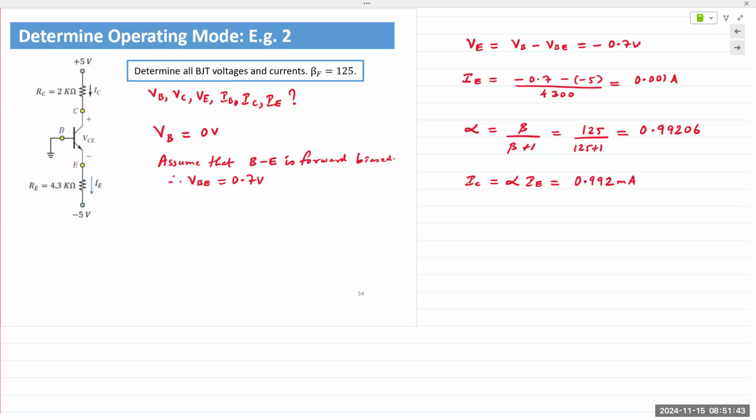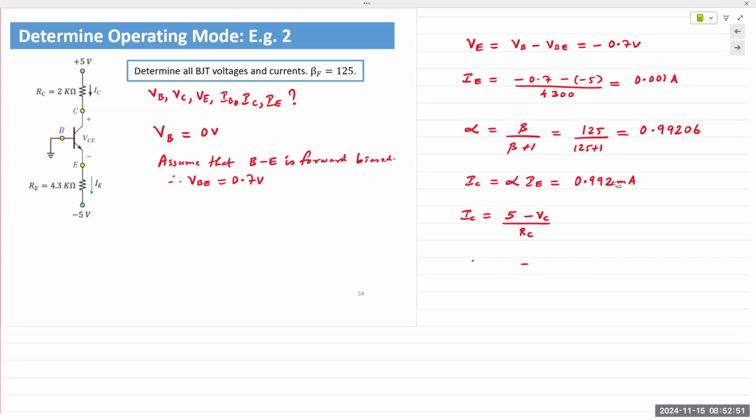So far, so good. All right. So now we have IC. We can find VC from there, applying the same thing at the collector terminal. So IC can be defined as VCC, or 5 volts, minus VC, divided by 2000, which is RC. So VC is VCC minus ICRC.